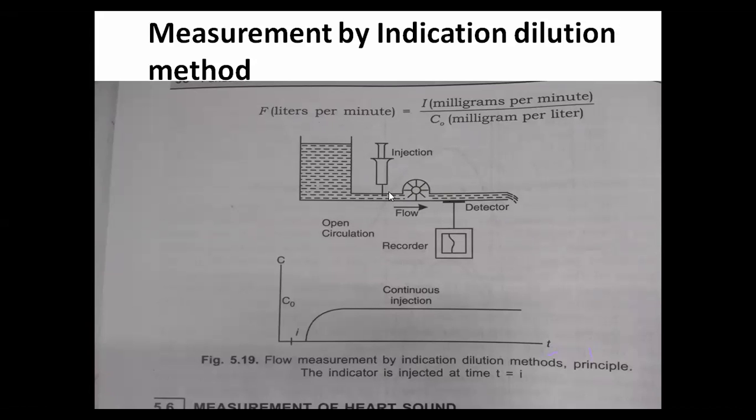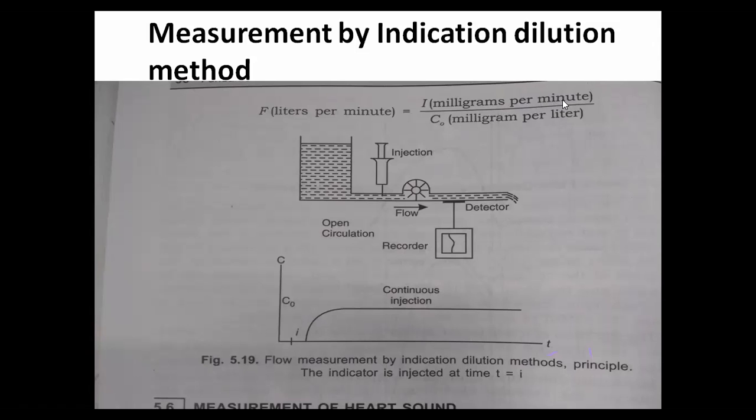If the flow rate of the blood is very low, the injected material will mix with the blood, and due to that the concentration becomes more, and at the other side of the circulation path we will detect that concentration, so this concentration will be high. When the concentration is very high, the blood flow is very low. So with this equation we can identify the blood flow rate.